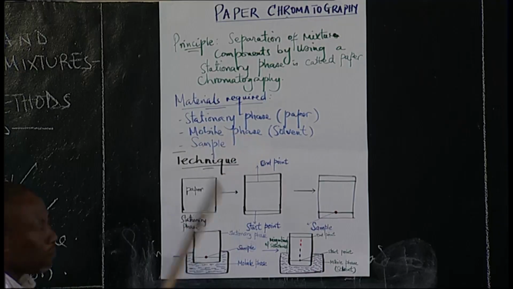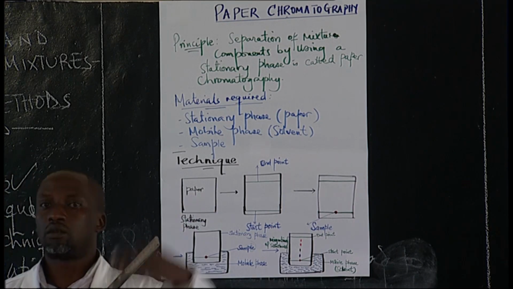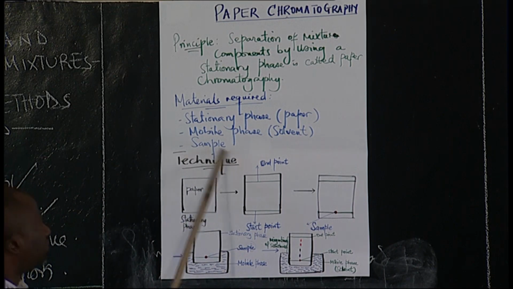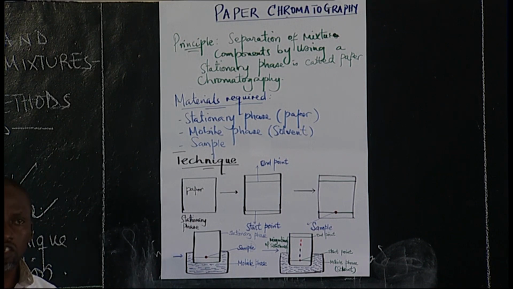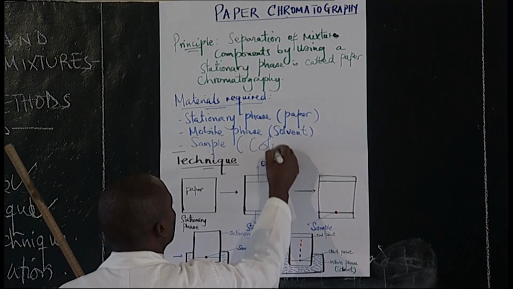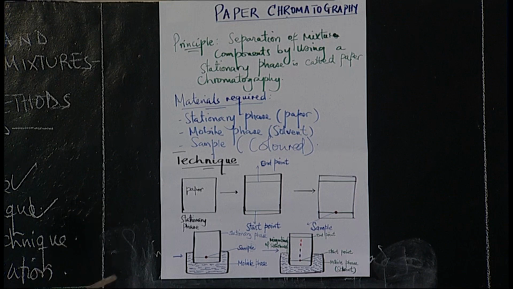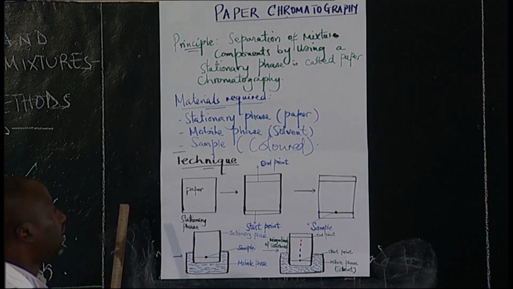Then you need a mobile phase. That is a solvent which is moving. And then you have the sample. In most cases, the samples have to be colored, but not always. In most cases, this separates colored materials.